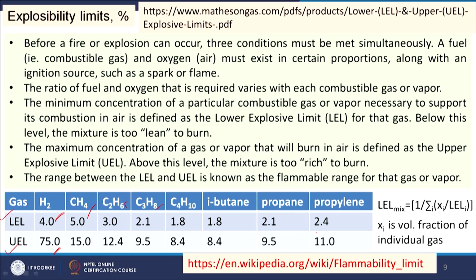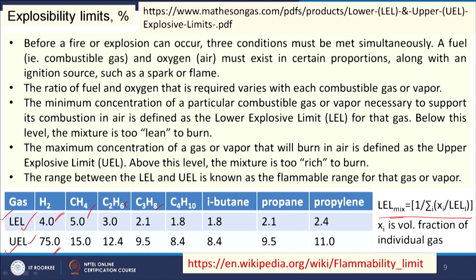Now, if we have a gas mixture, then what will be the LEL and what will be the UEL? Then we have to consider the individual gases and their LEL and UEL, and we can put these in an expression. That is, LEL of the mixture is equal to 1 divided by the sum of Xi by LELi.